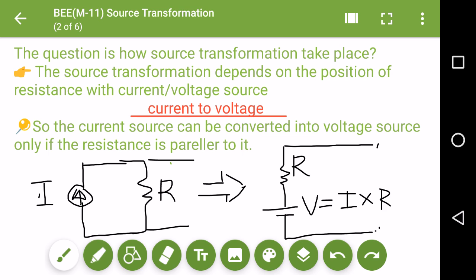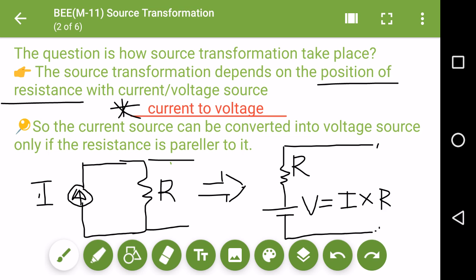The source transformation depends upon the position of the resistance with the current and voltage source. Remember this, the position of resistance is very important in a source transformation. Check out this circuit given below, which explains the current to voltage conversion.